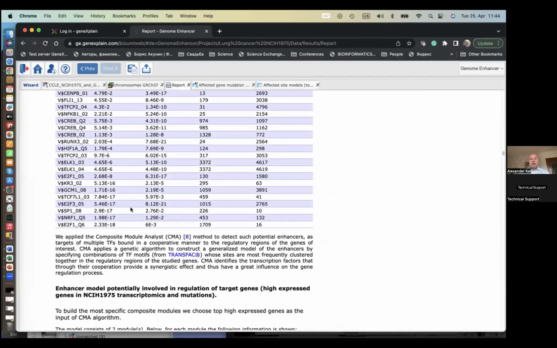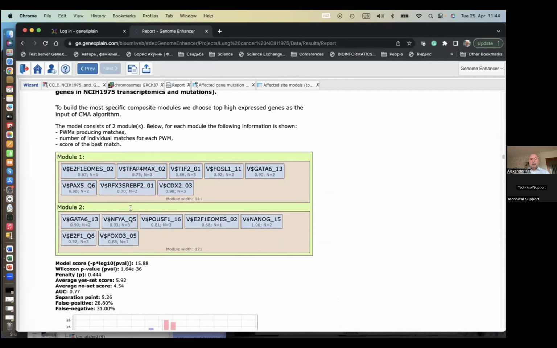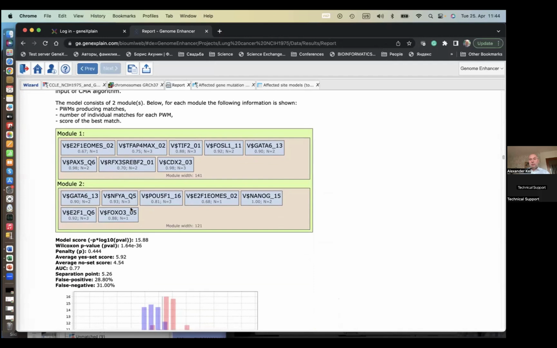But actually, there is a second step, which, as I told you, now tries to take the whole region around the clusters of binding sites, and starts analyzing the compositions of binding sites, not just individual binding sites like for E2F, but with which cofactors, with which other binding sites this whole system works together.